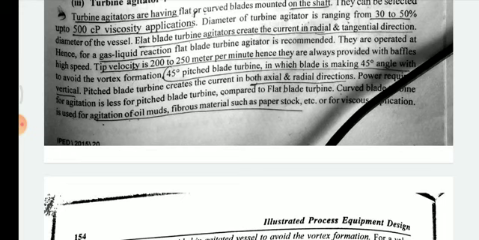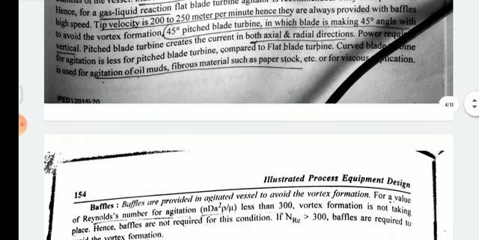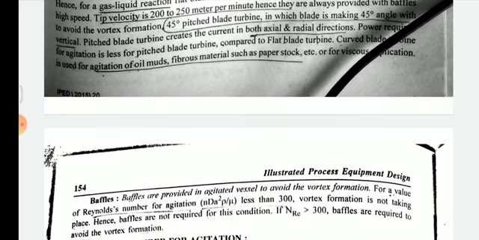The pitch blade turbine creates current in both axial and radial directions, axial flow as well as radial flow. And the power required for agitation is less for a pitch blade turbine compared to the flat blade turbine.